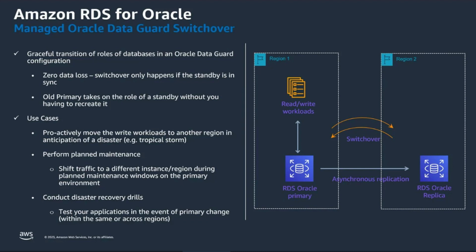A couple of things that have been launched recently to address these challenges are: one is automated and manual DB snapshots of RDS for Oracle replicas, which means you can have those backups running on a daily basis on replicas, or at least one replica that you might want to use for failover purposes.